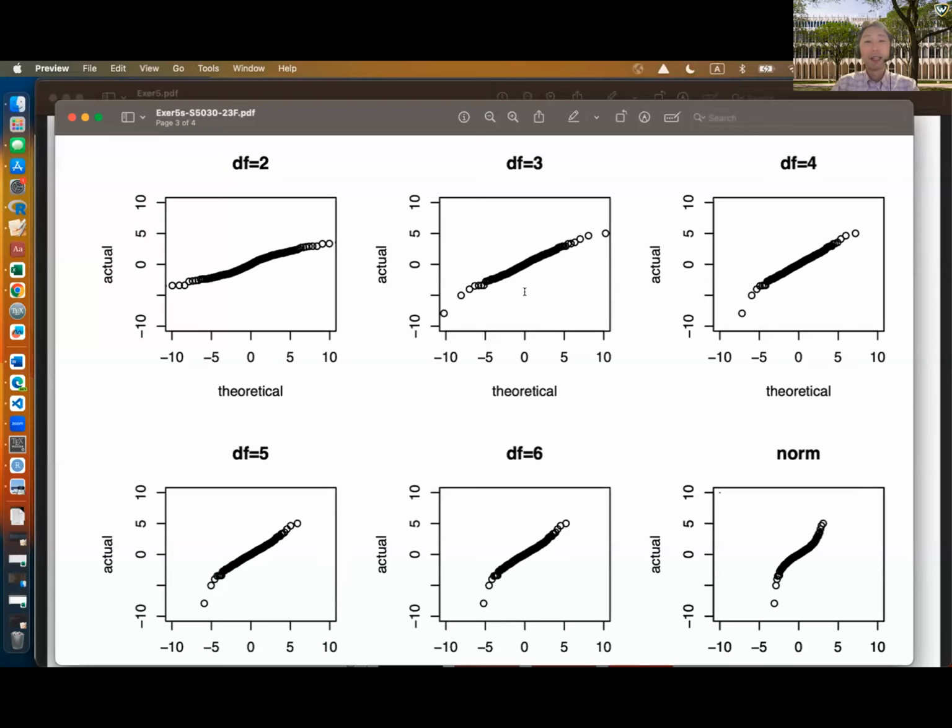So I would say T3 and T4 are the best fit for this. Generally, the normal distribution isn't the best distribution to fit stock market returns, and often T4 or T5 is used. T3 is pretty heavy-tailed, but this is an individual stock. If we do a stock index, usually T4 or T5 is chosen.